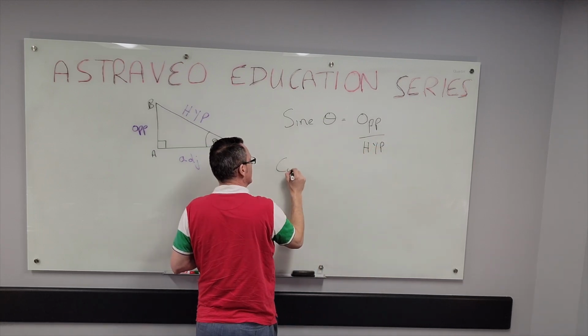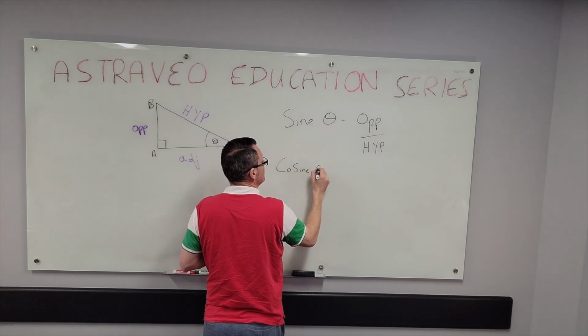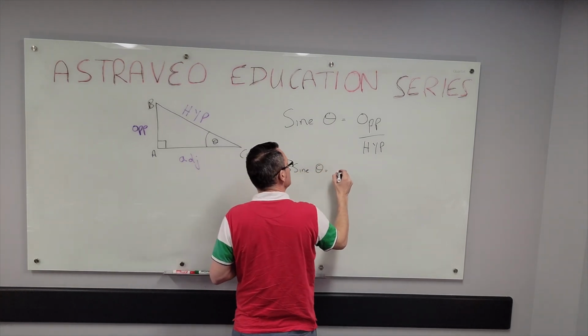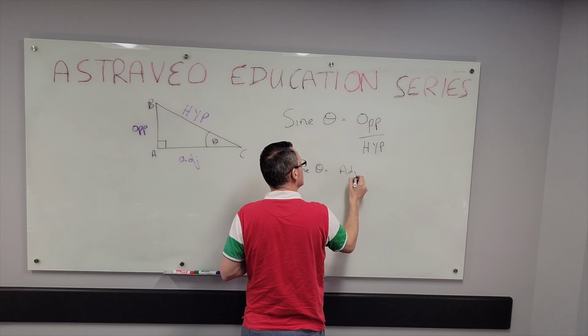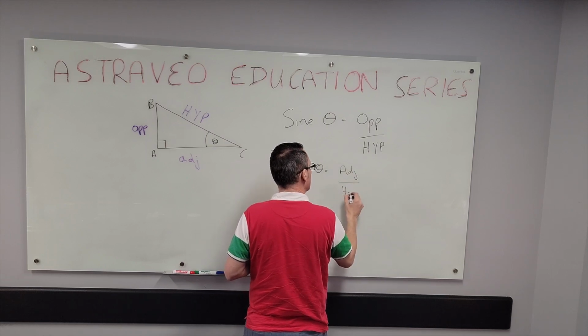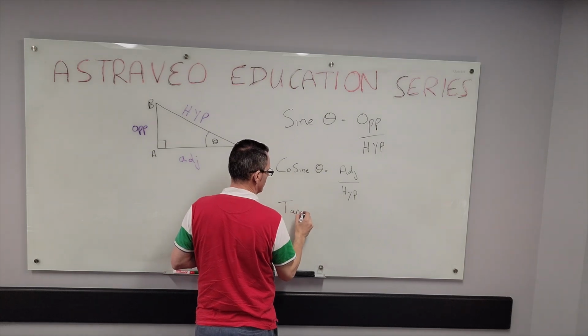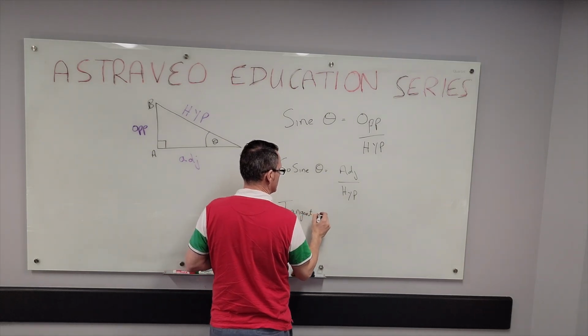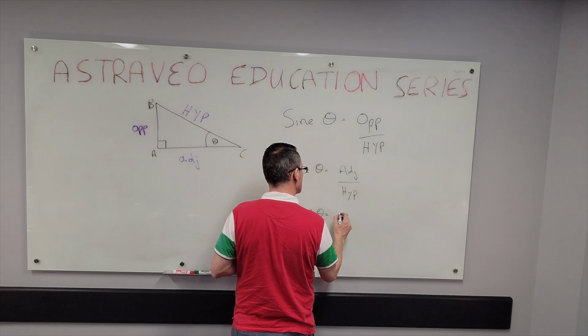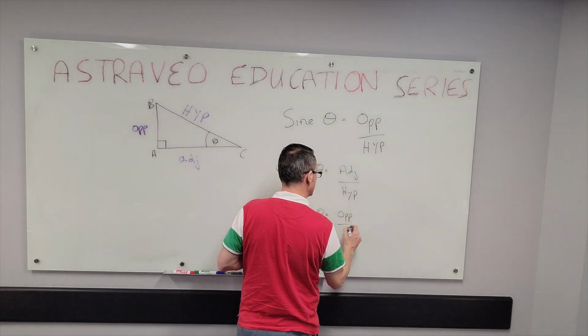The cosine of theta is the adjacent divided by the hypotenuse. And finally, the tangent of theta is the opposite divided by the adjacent.